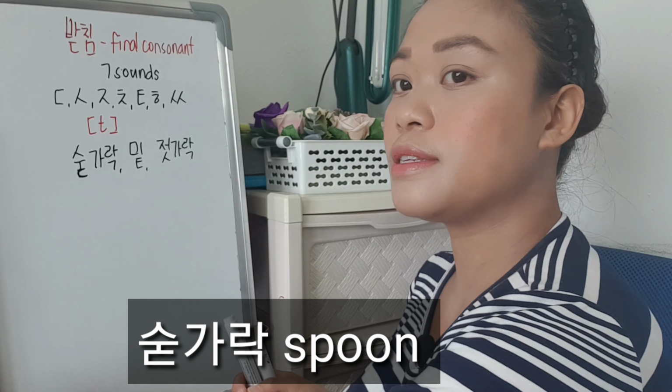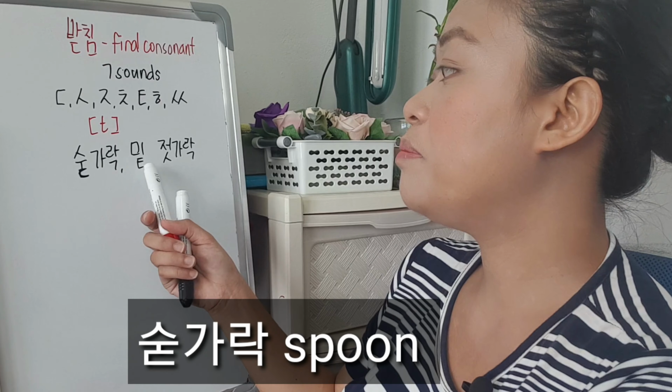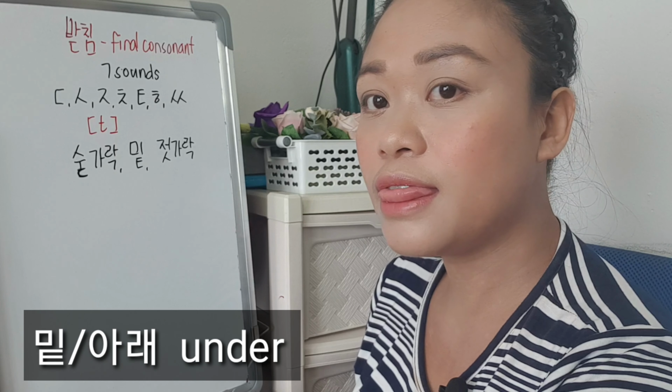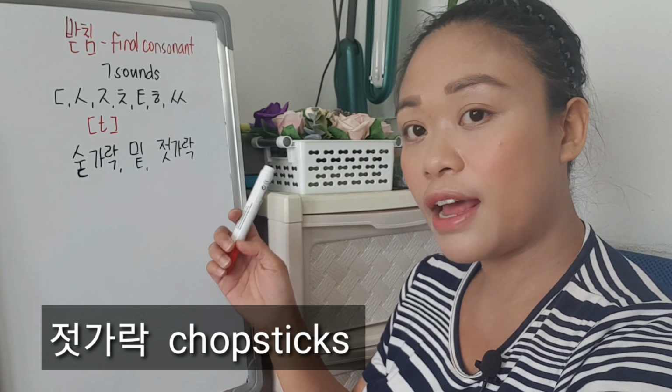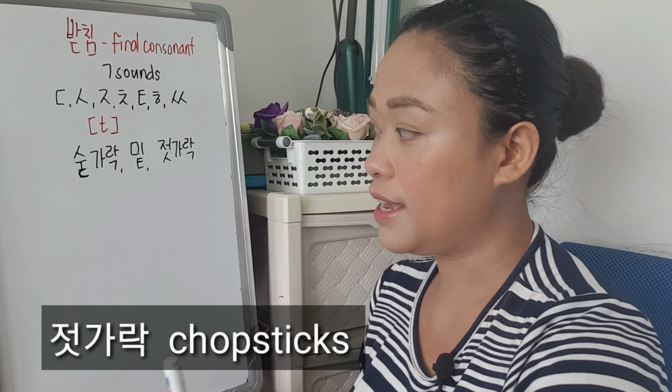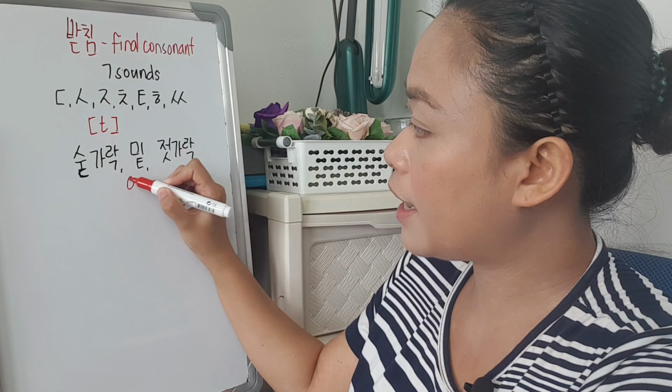Karak means spoon. Sut is meat, and chotkarak is chopstick. You can also use it here.